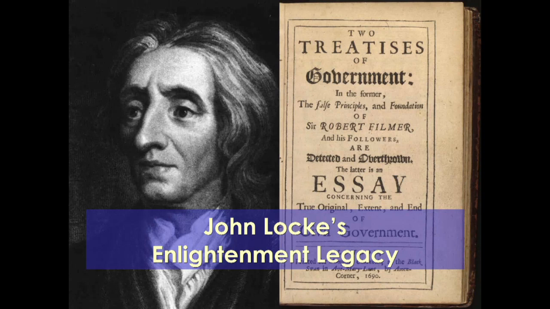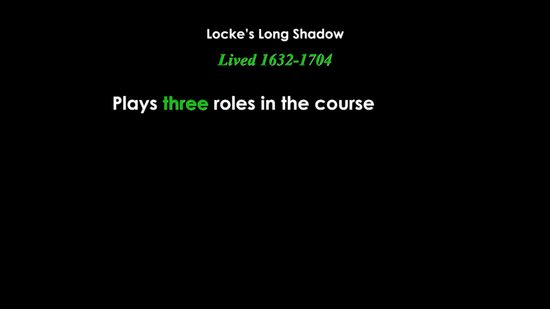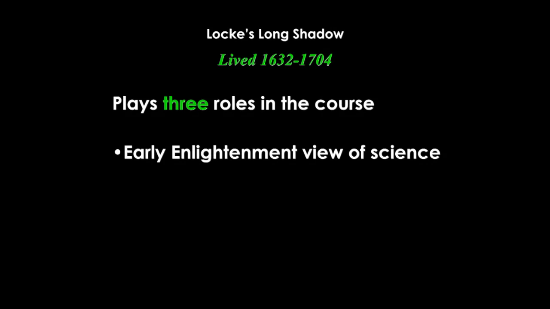Let me say a couple of things about John Locke, because John Locke is going to have a long shadow in this course. He's a famous 17th century political theorist, but he's going to play three distinct roles in the course. He lived throughout much of the 17th century. He died in 1704. And he's going to be seen in this course first and foremost as an early Enlightenment thinker about science.